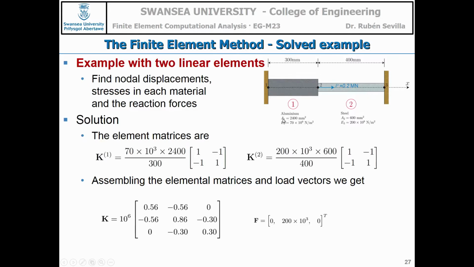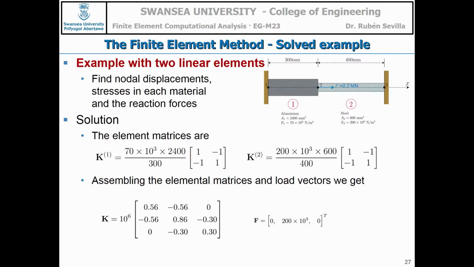The area of the cross-section is constant in each element, but is different in element number 1 and in element number 2. The Young modulus is constant in the element, but is different in element number 1 and number 2. So 2 different materials, 2 different cross-sections, 2 different lengths also for each component. And we have fixed displacement on the left and right and a point load here.